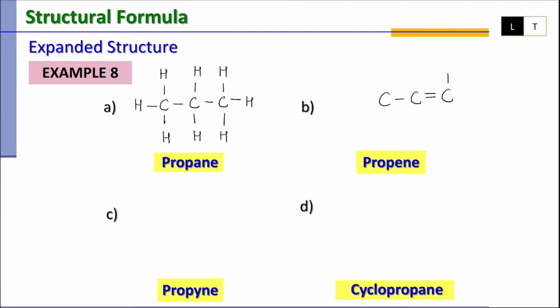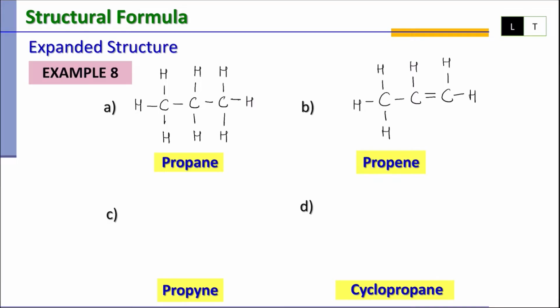So from the right, kita ada 2 bond extra here. And then here kita tambah 1. And here kita tambah 3. So bila saya tulis hydrogen, saya kena pastikan hydrogen saya maksimum 6 because molecular formula for propene adalah C3H6. So I have 2, 4 and 6 hydrogen. So this is propene. Next we have propine.